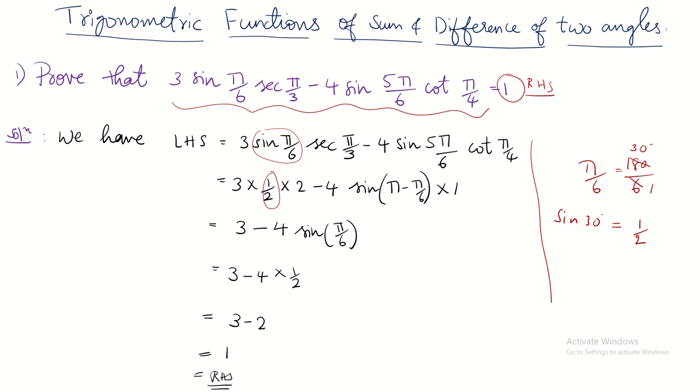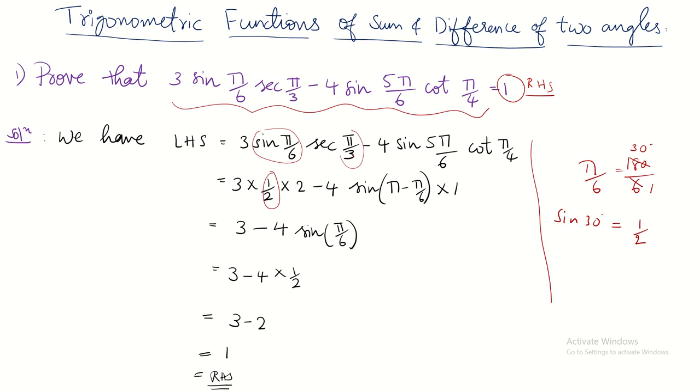3 into sine pi by 6, it is 1 by 2, into sec pi by 3. Sec pi by 3. Sec is a reciprocal of what? Sec is a reciprocal of cos. So cos 60 degree. Pi by 3 is 60 degree.